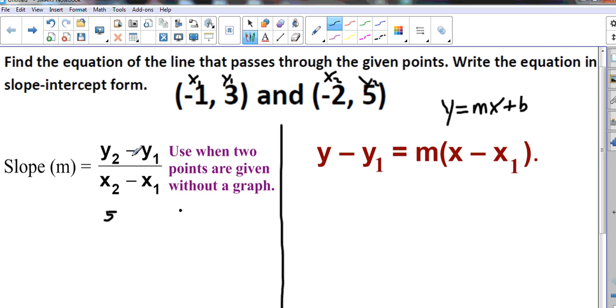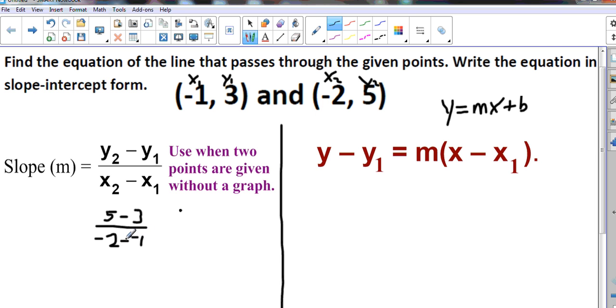Use the minus sign from the formula, sorry, and y1 is 3. x2 is labeled as -2, minus from the formula x1, which is -1.